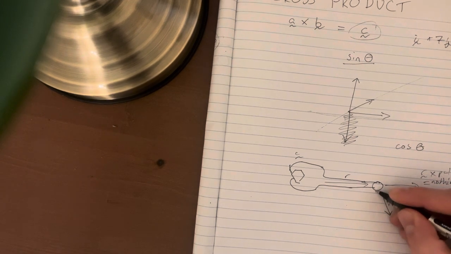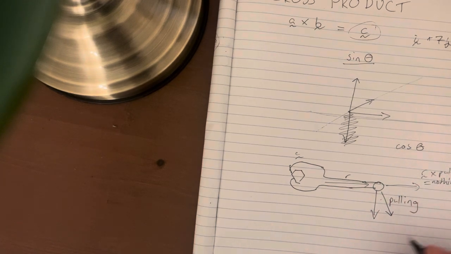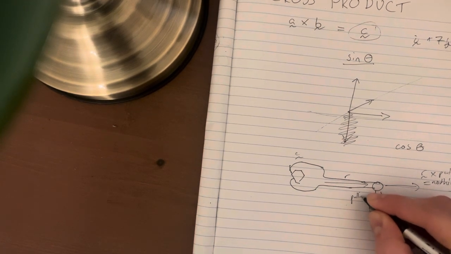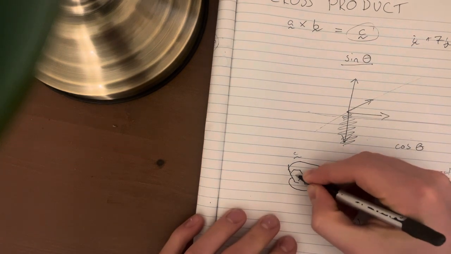But if you go in completely the opposite direction, this pulling, you're gonna get something, and that something is magnitude C, and then a perpendicular thing that you add up. So it's gonna be into the page or out of the page.